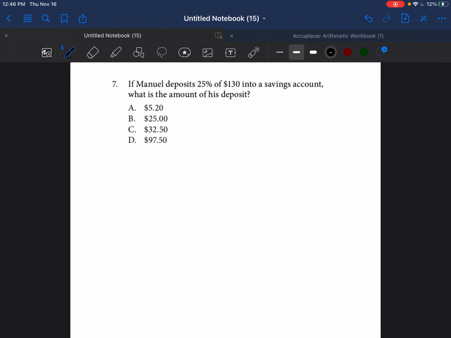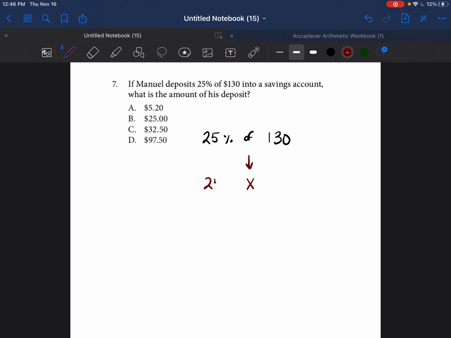It says, if Manuel deposits 25% of $130 into a savings account, what is the amount of his deposit? So we're trying to find 25% of 130. Anytime we're saying "of," that's multiplying.